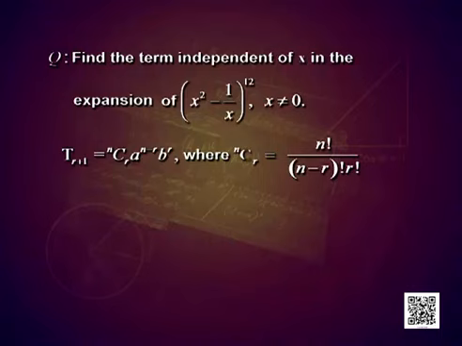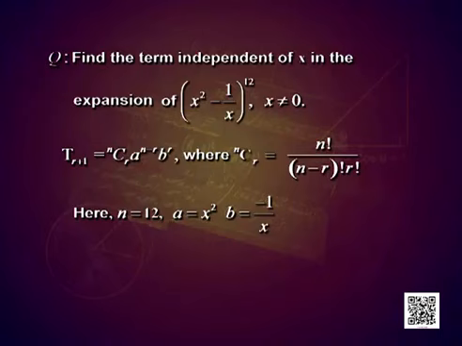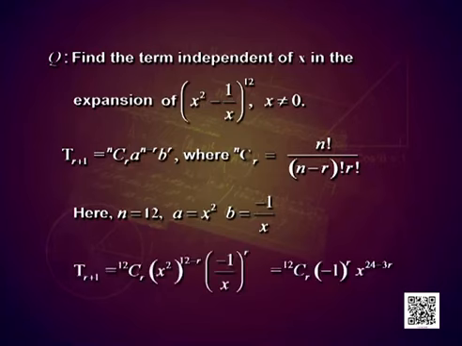For the given expansion, n is 12, a is x squared, b is negative 1 by x. We do not know for what r we will get the independent term. So, if we write T r plus 1, it is 12Cr, (x squared) to the power 12 minus r, (negative 1 by x) to the power r.